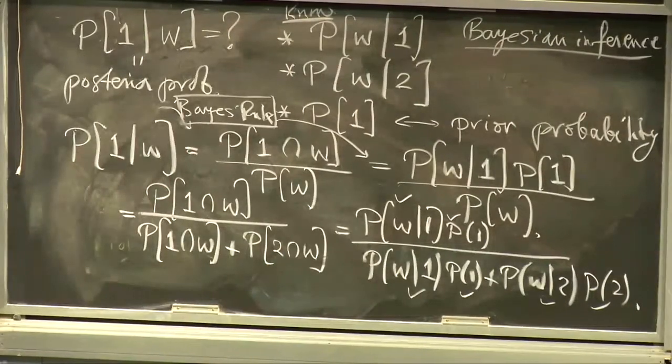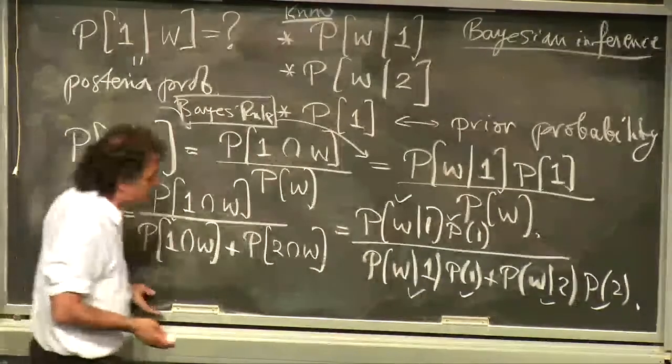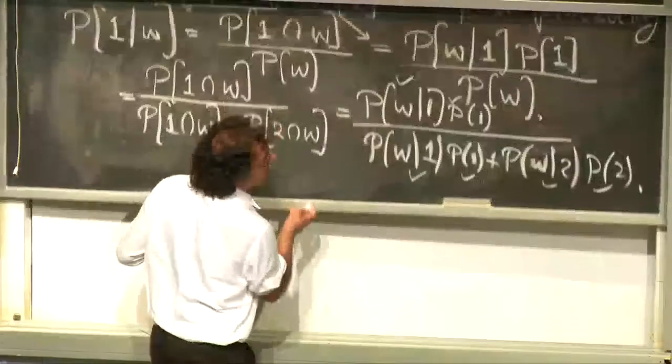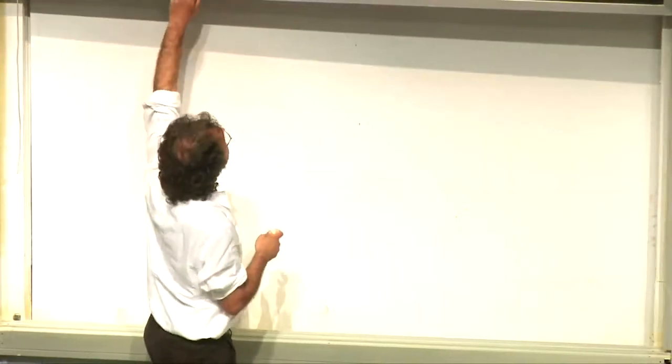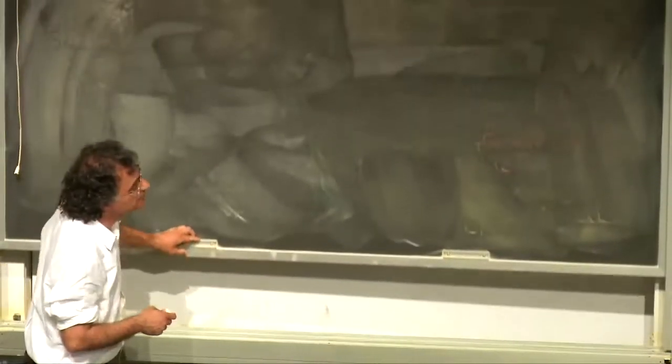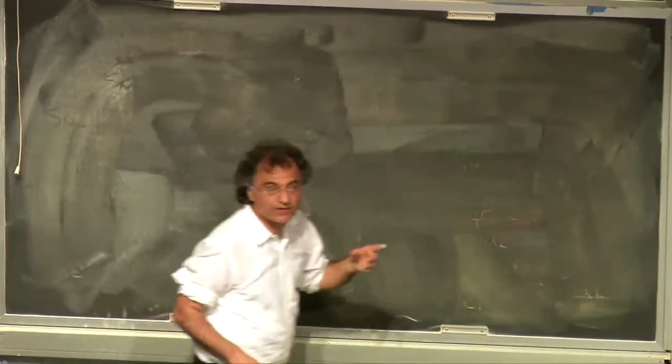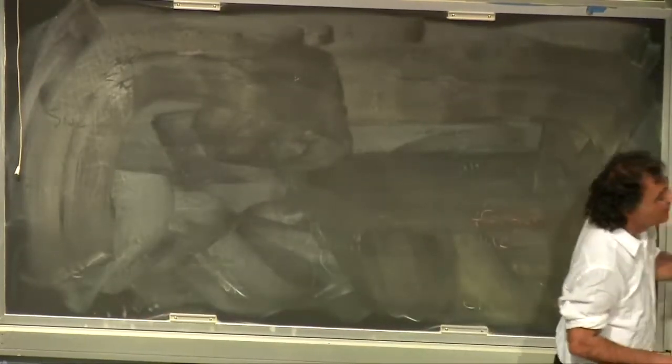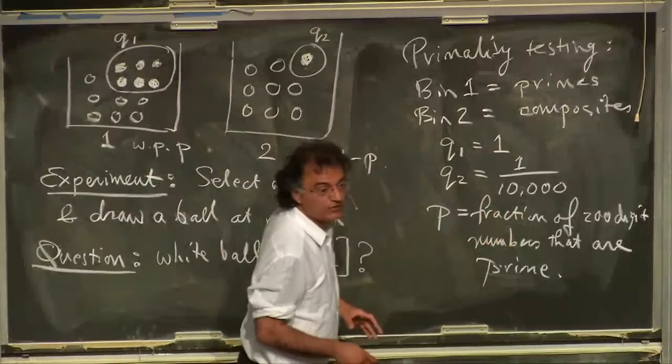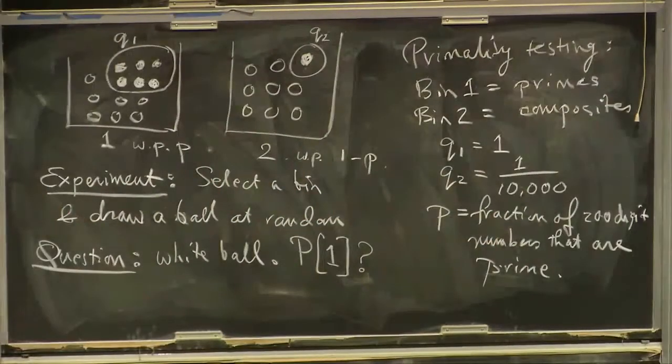Okay, it's clear? So let's go ahead and do the substitutions and see what the answers are in these two cases. So in the case of primality testing, here's the thing that we know about, in order to know what's the fraction of 200-digit numbers that are prime.